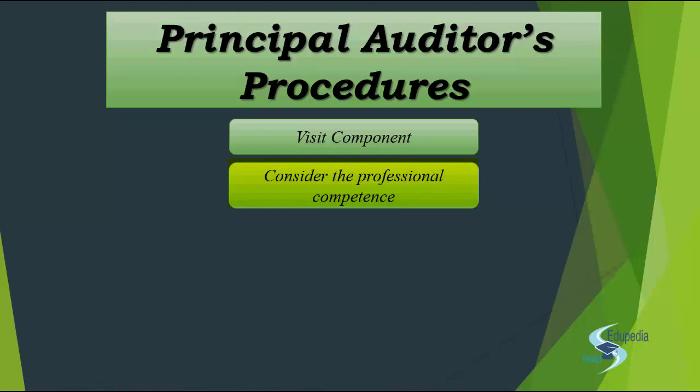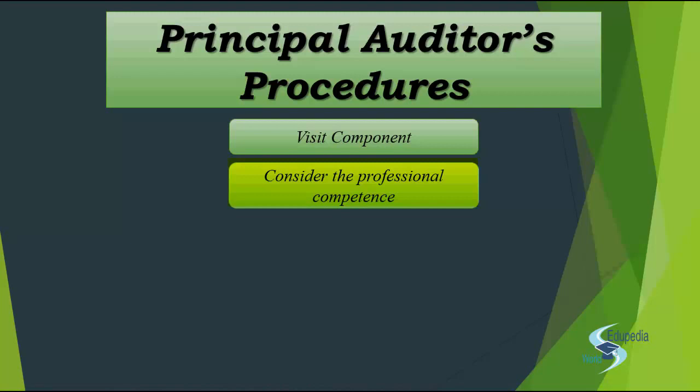And once you are done with that, you can use the work, if you consider with your searchings and investigations that yes, that is appropriate. But if you do not consider it to be appropriate, then you will have to go ahead with some other procedures. So you will also have to consider the professional competence of the other auditor whose work you are going to use, because that will let you know the nature, time and extent of your audit procedures.